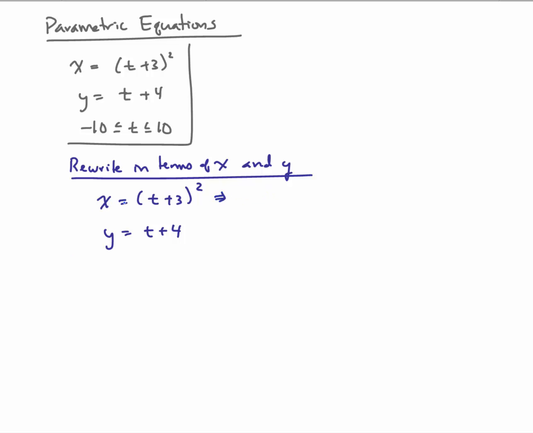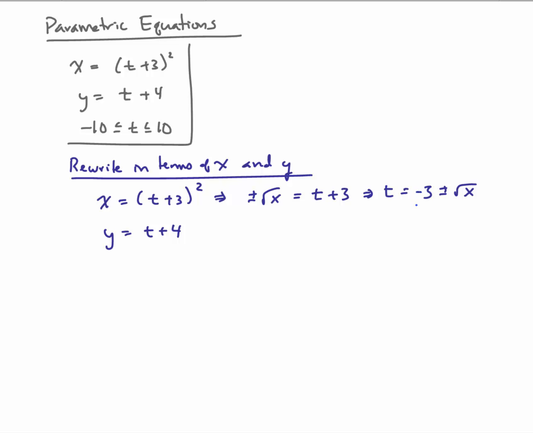Now if I take the square root of x, remember I have two roots there, plus or minus root x equal t plus 3. So that means I, again, took the square root of both sides, so don't forget the plus or minus. And then solving for t, I get t equal, oh, and this 3 I subtracted over, so I need to make sure I have a negative there.